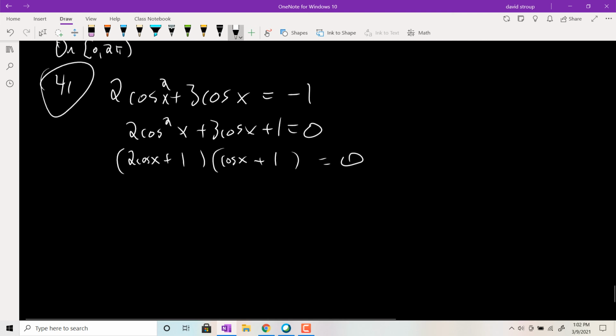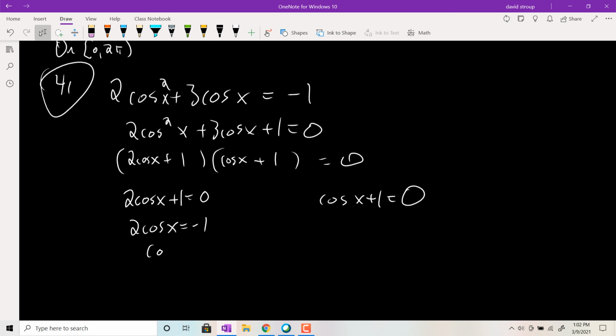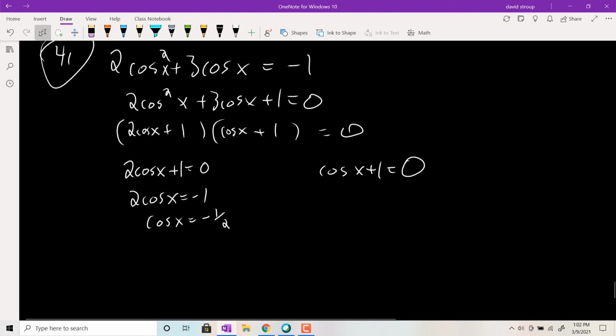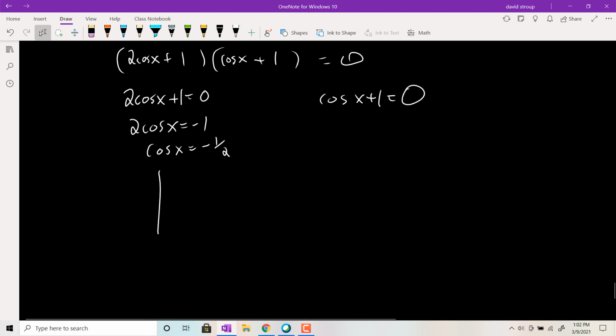Then you have 2 equations to solve in the interval 0 to 2 pi. 2 cosine x plus 1 is 0, and cosine x plus 1 is 0. So here 2 cosine x is -1, cosine x is -1/2. We just need the solutions in between 0 and 2 pi. You don't have to do anything fancy for this, like the 2 pi n's.